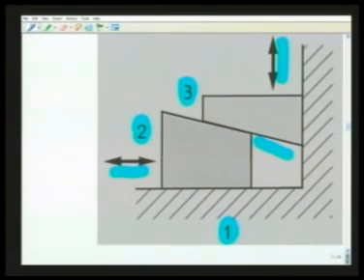Thus, for this particular closed loop mechanism, n is 3, j is also 3. So, according to the formula, we should have had 3 into n minus 1, that is 2, minus 2j, that is 2 into 3, which is 0, which is true for the revolute pairs but not true for the prismatic pair.